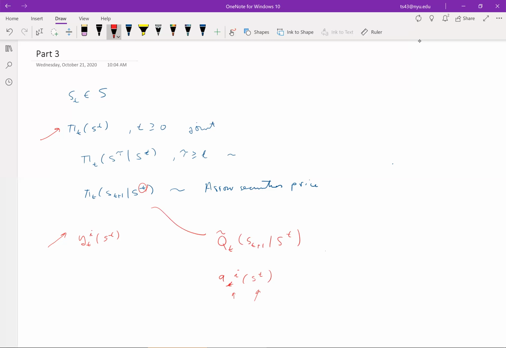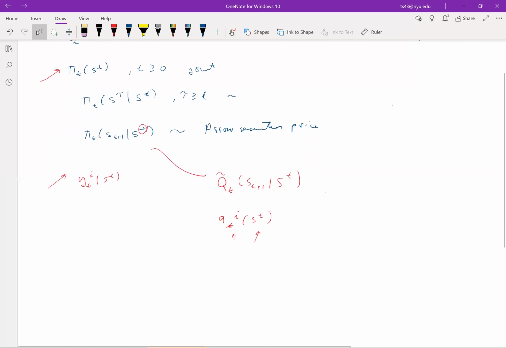Okay, so we're now in the business of Bellmanizing things, and the way we're going to do that, as a prerequisite, we want to reduce dimensionality.